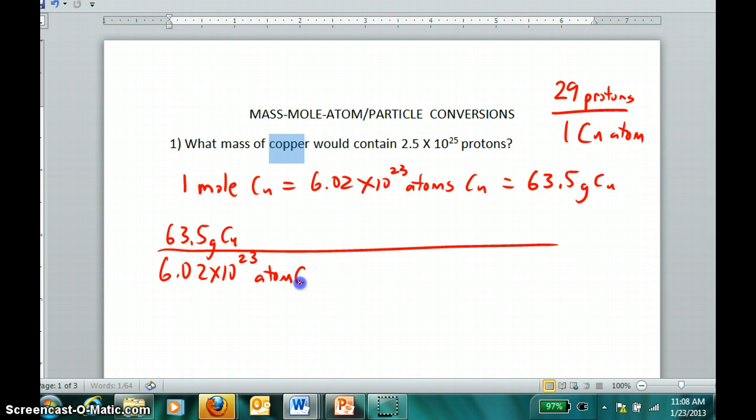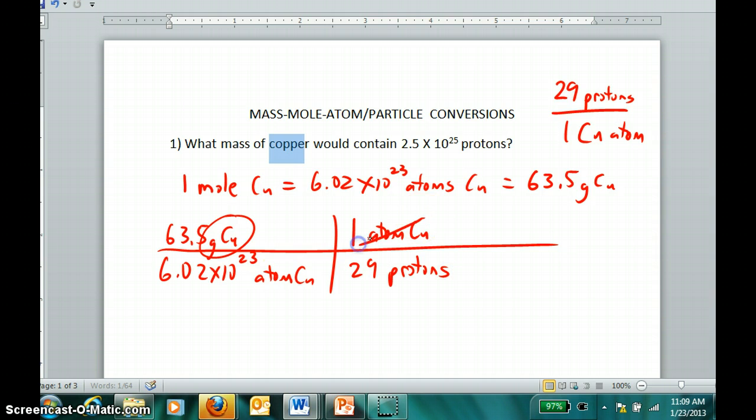And this is why. If there are 63.5 grams of copper per Avogadro's number of copper atoms, I have my mass of copper and I can cancel atoms of copper, because with this relationship I have atoms of copper. 1 atom of copper is the equivalent of 29 protons.